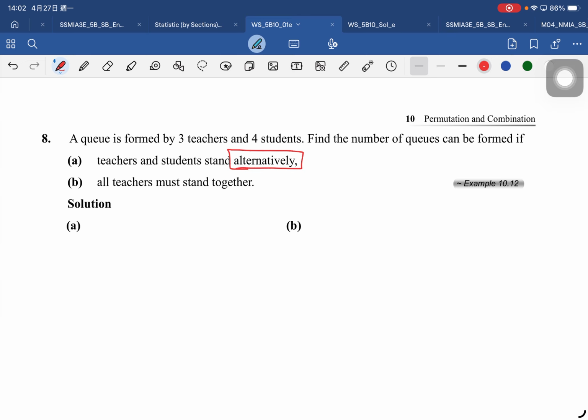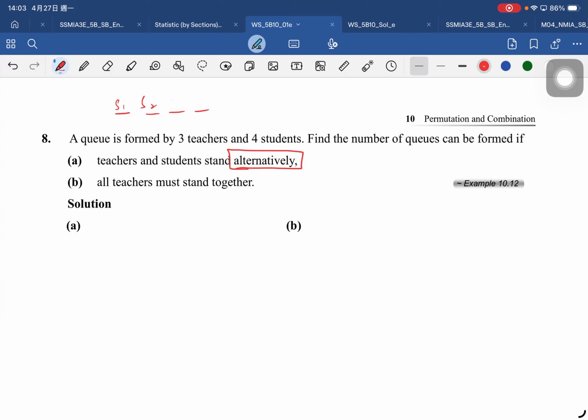I remember this word, alternative, like alternating lines. So what does it mean? For example, you arrange a student first. There are 4 students.